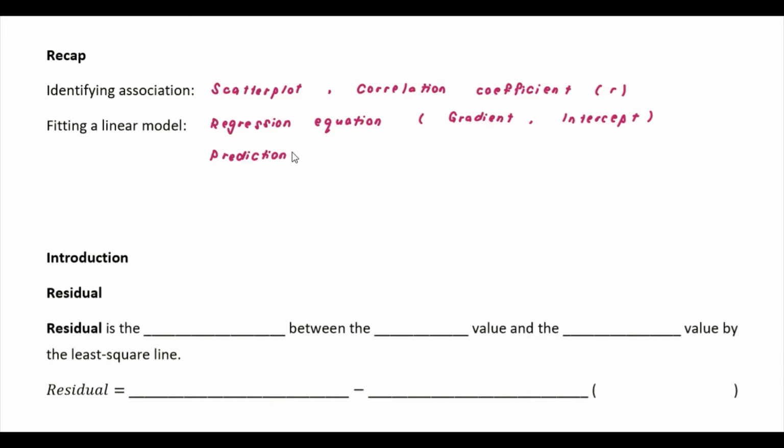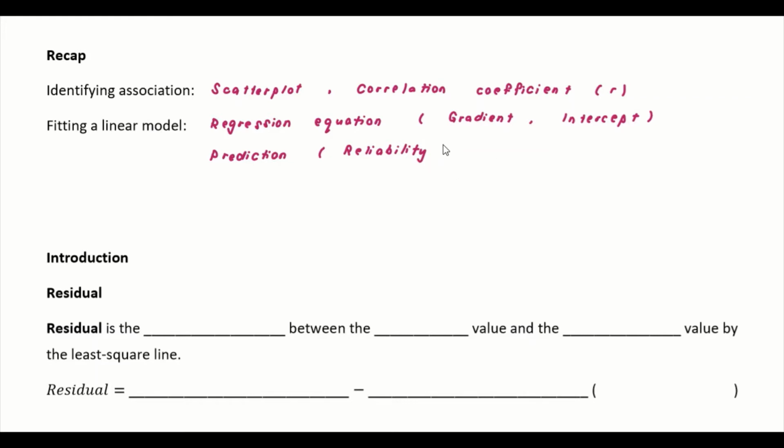We will never do it the other way around. Under prediction, we substitute a value of your EV to get your RV. For the prediction, we also discussed how reliable our prediction is, which depends on your R and also whether it's an interpolation or an extrapolation.